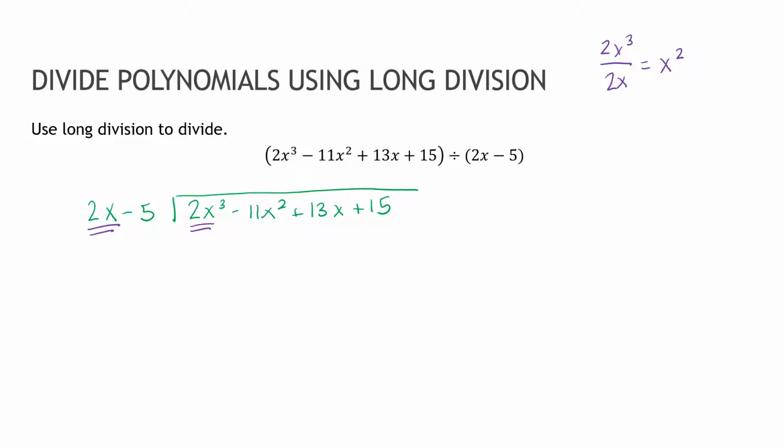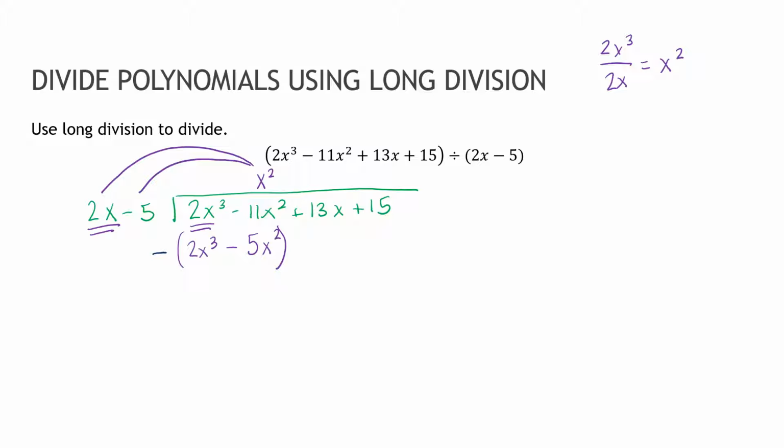So what I want to do is take x squared times both of these terms. So x squared times 2x is 2x cubed. And x squared times minus 5 is minus 5x squared. And just like I did with normal long division, I am going to subtract all of that.